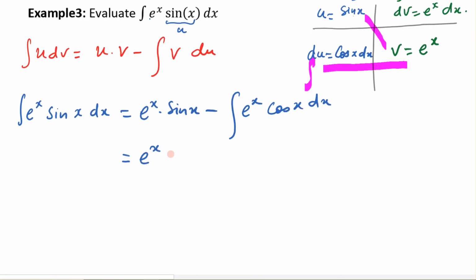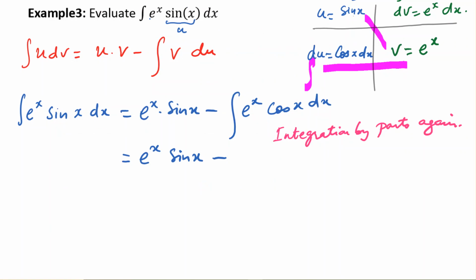And we notice that here again we have an integral in which we have exponential and trigonometric functions. We need to use integration by parts again. So in this case, we choose u as cosine x and dv as e raised to power x dx.